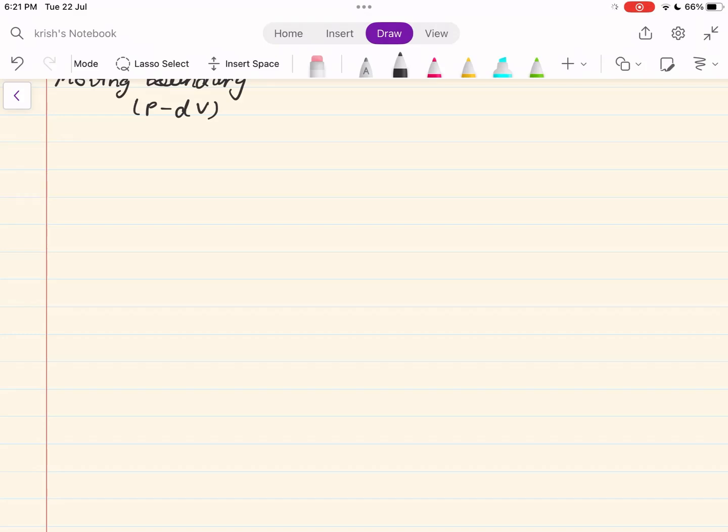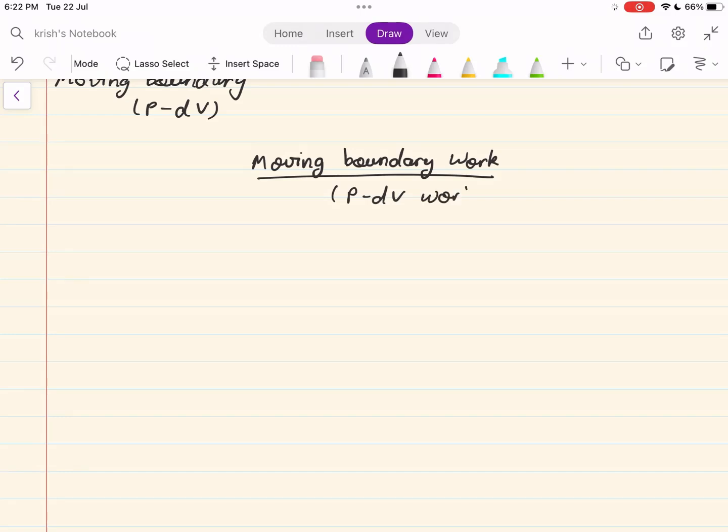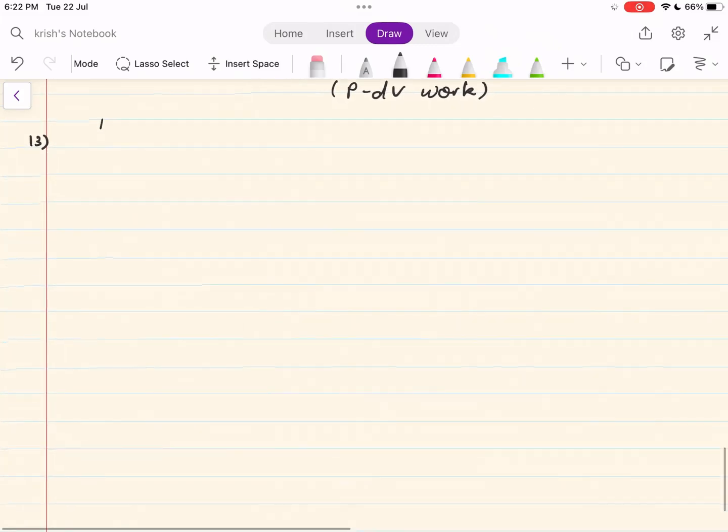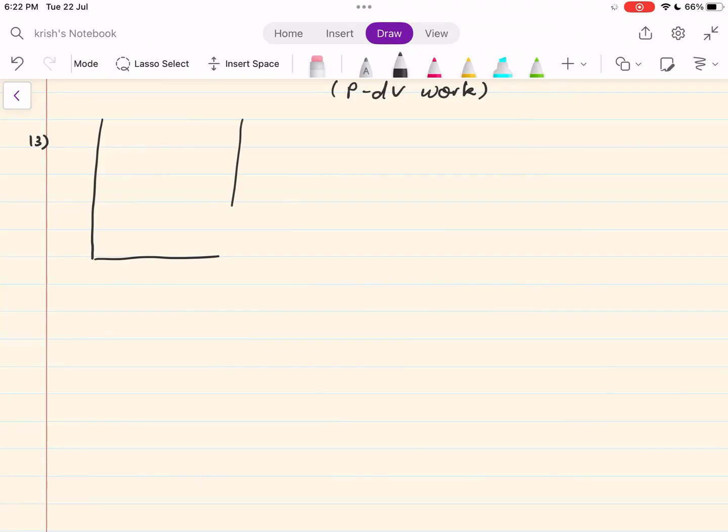And we're going to be looking at moving boundary work, also called P-dV work. So, let us say that we have a piston that has three weights on top, and here we have something.